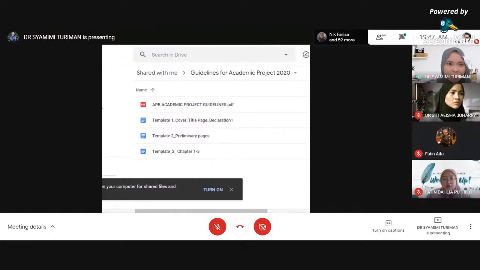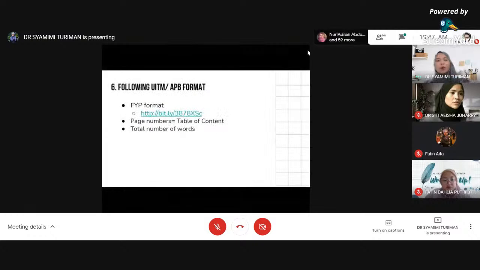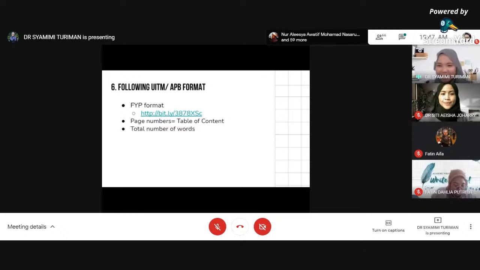Also, the page numbers. Make sure the page numbers mentioned tally with the table of content. As I said, it can be really annoying and troublesome for the reviewers or examiners of your FYPs if the page numbers do not tally with what was mentioned in the table of content. You cannot take this for granted, because of course it's your work.